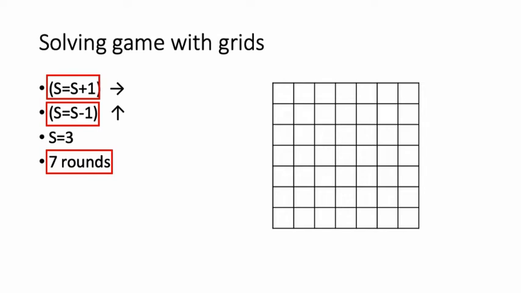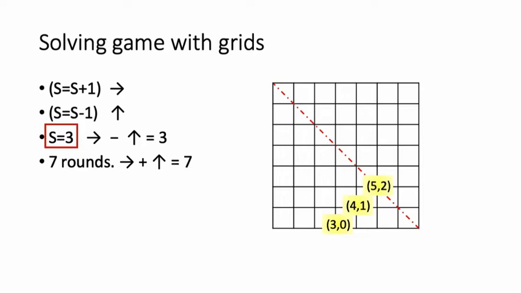And if s minus 1, this means that we're going up. Because there must be only 7 rounds, the number of going right plus the number of going up needs to be equal to 7. So the point (0,7) will be valid and the point (1,6) will be valid, but the point (1,7) will not be valid. So we'll draw the diagonal line.